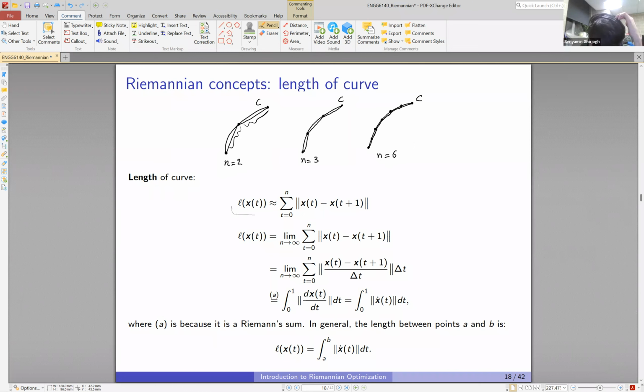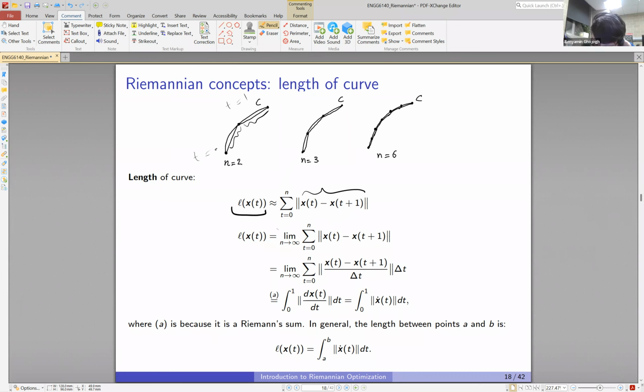So we can say the length of the curve x(t), for example, here t is 0 at the start and at the end t is 1. You can see t as a parameter of the curve. The length is approximately the summation of the lengths of each of these lines, so x(t) minus x(t+1), where t goes from 0 to n, the number of lines.